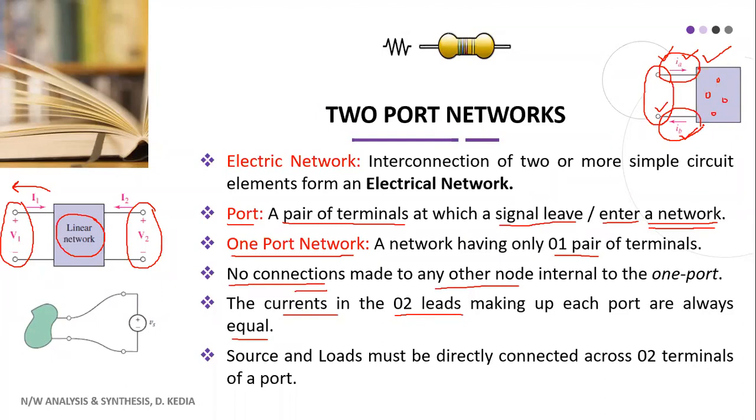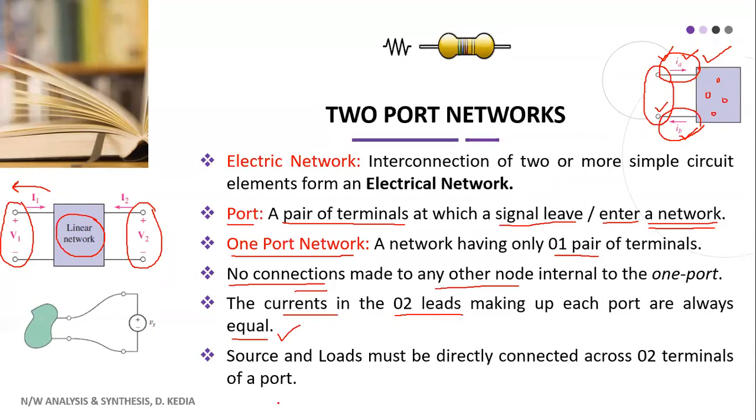It is quite obvious, we are already well aware of the concepts of electric network. So the currents in these two terminals will always be equal. The current entering into the circuit will be the same as the current coming out of the circuit. In a way, this is nothing but your KCL also.